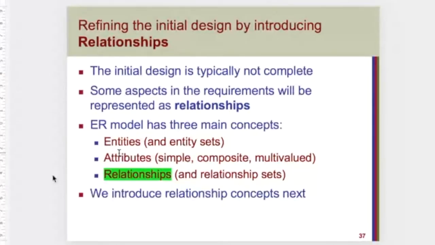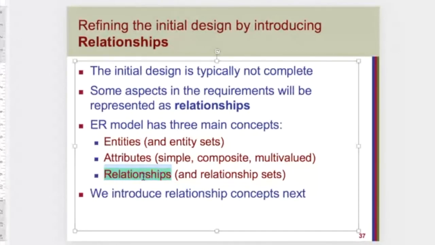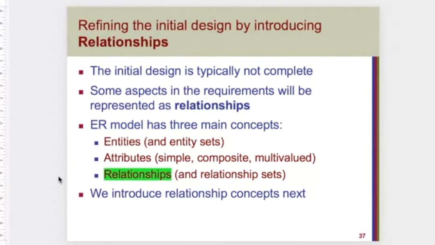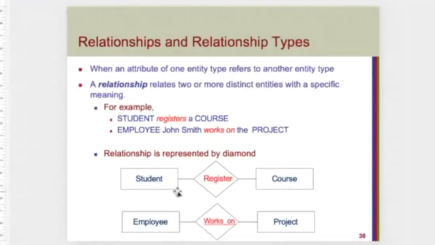So the next step is defining the relationships. And how do we define the relationship? A relationship basically connects two entities. For example, in this slide you see one entity, student, and a second entity, course. Is there any relationship between entity student and entity course? Yes, there is.